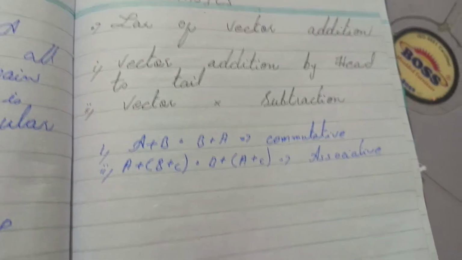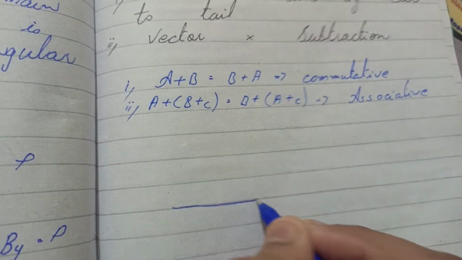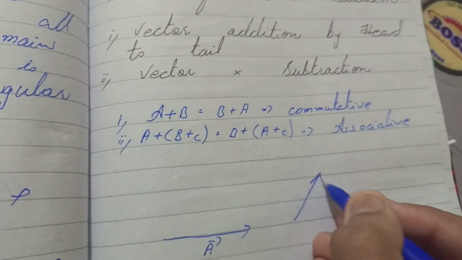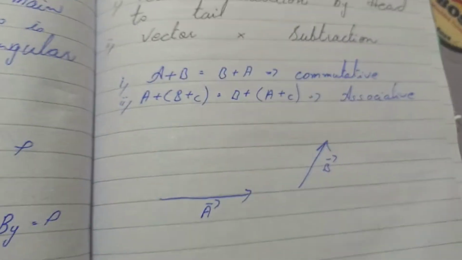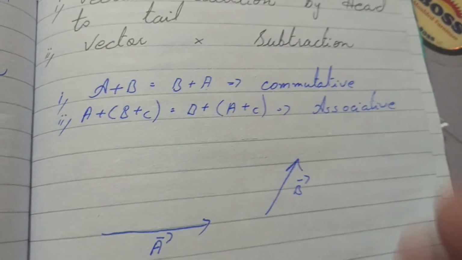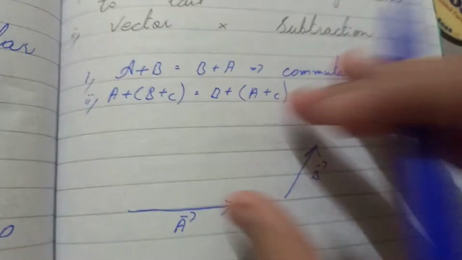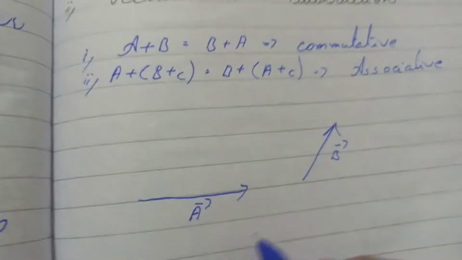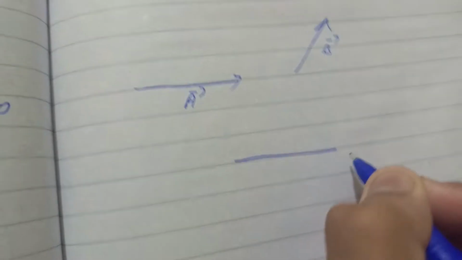For example, you have vector a, and you have vector b. Previously we learned about the types of vector, in which we learned about the position vector, then we have to change the positions of the vector. So the same thing will happen here. We'll take this vector to this side, this tail will connect to this head, so it will become like this.